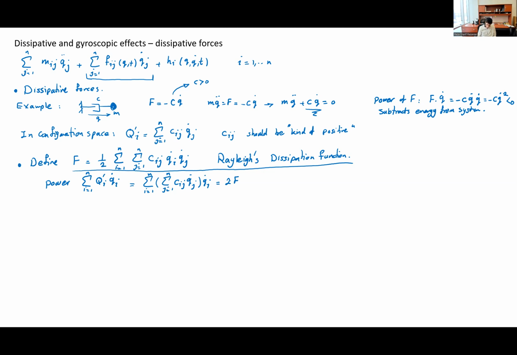So actually F is half of the dissipation, or rate of change of energy, so 1/2 of the dissipation power.